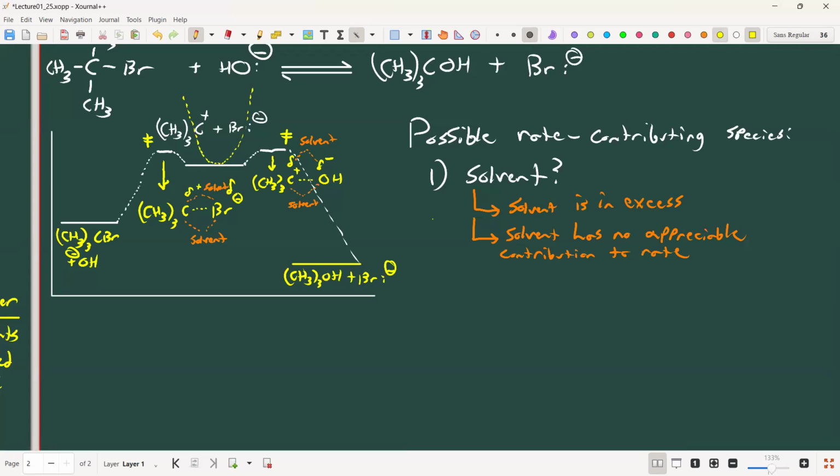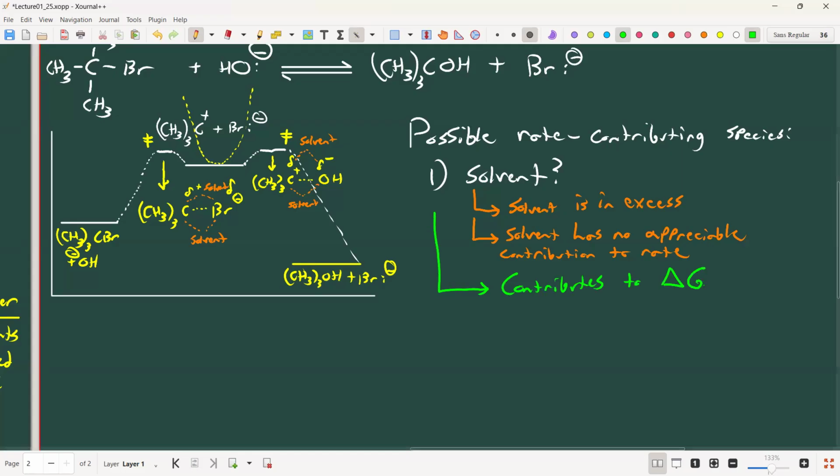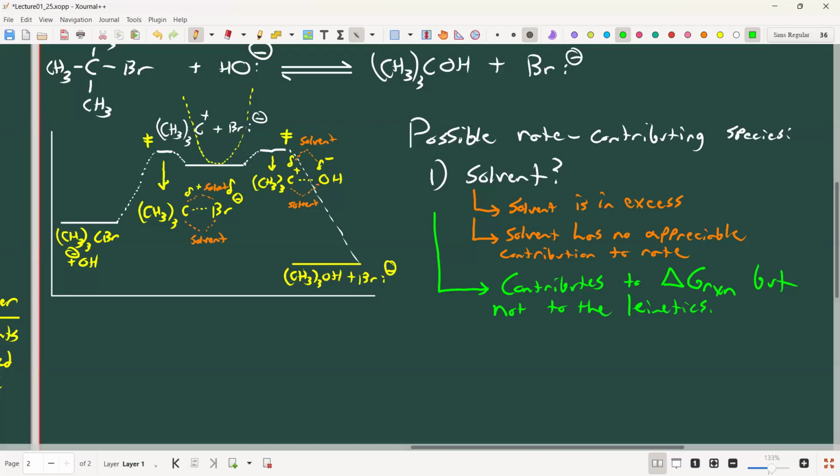In fact, what the solvent does contribute to is delta G of the reaction, but not to the kinetics. The idea is if you have a solvent that doesn't promote the formation of ions, then your delta G of this reaction is going to be pretty non-favorable, right?